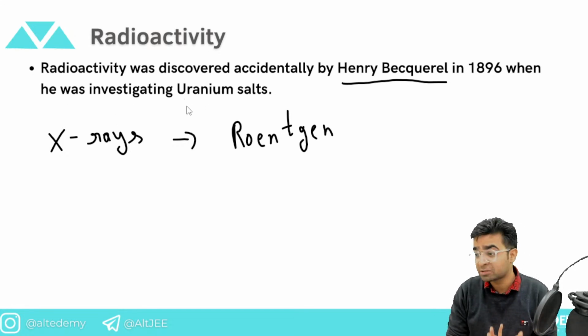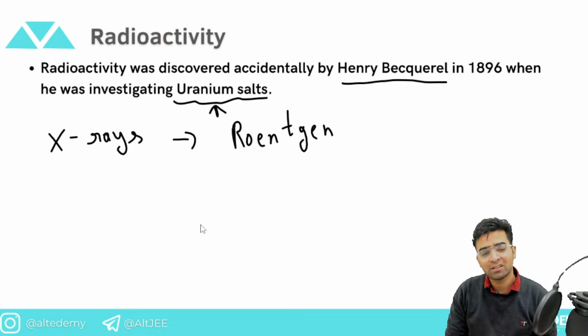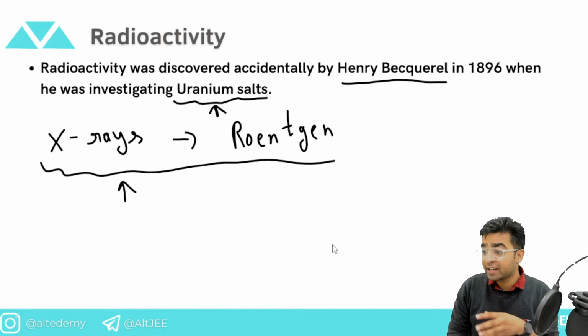He was doing experiments on uranium, and he saw that there was a penetration in the photographic plate that can't be explained by the phenomenon of X-rays.